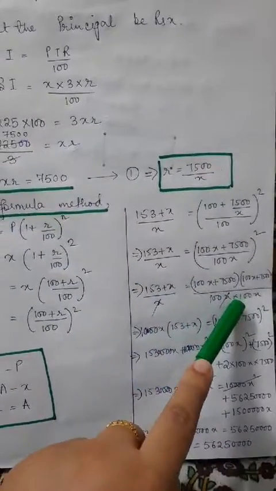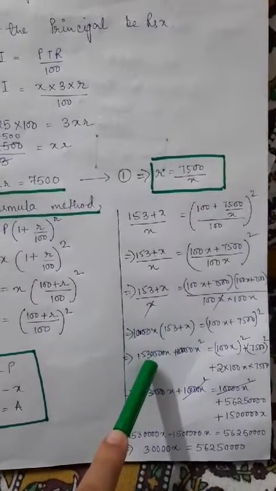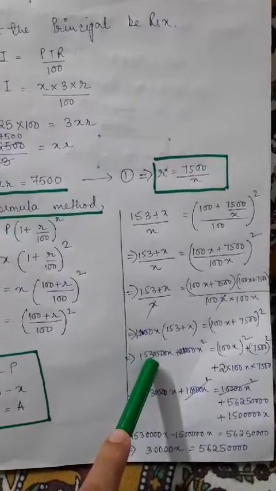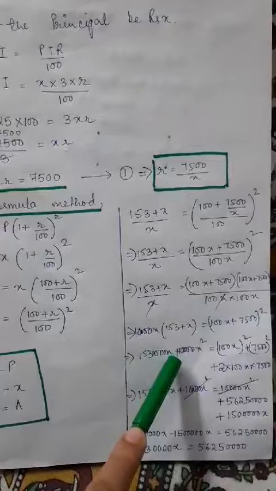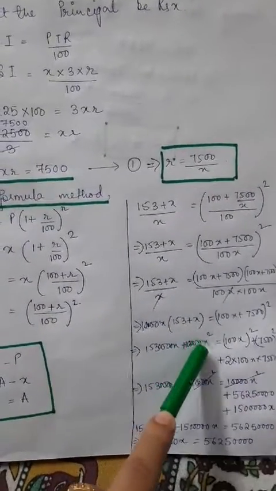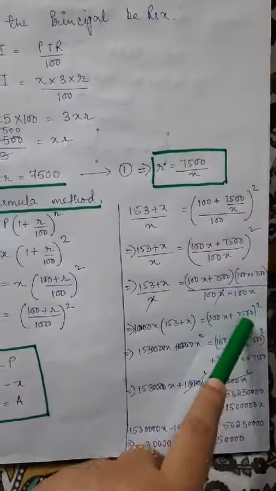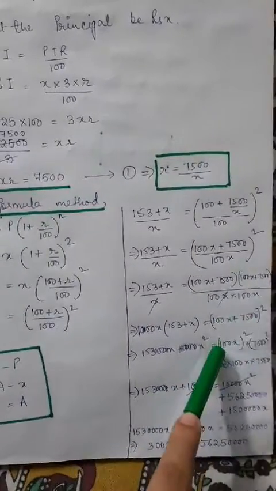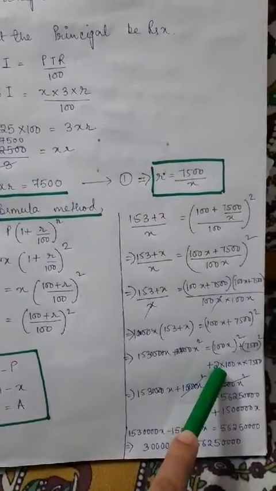So if I bring 10,000x to the other side, it becomes 153 into 10,000, which is 15 lakh 30,000. So 15 lakh 30,000 plus 1 lakh whole square, x square is equal to, now this comes into the formula a plus b whole square, that is a square plus 2ab plus b square, which you have done in the previous class.